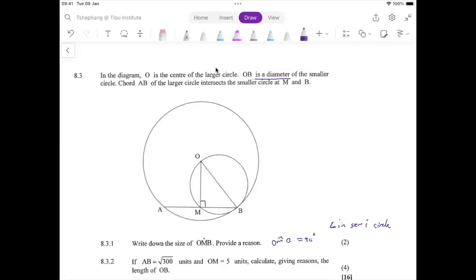No, we can't say the radius is perpendicular to chord, because it doesn't necessarily mean that. Think of it this way: if we have a chord there, right, and this is a radius, they're not perpendicular to each other. So we can't simply say radius is perpendicular to chord.